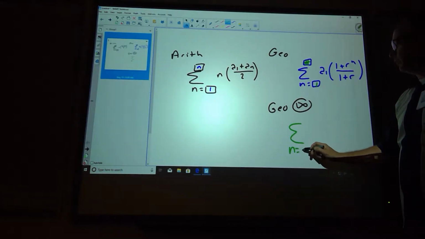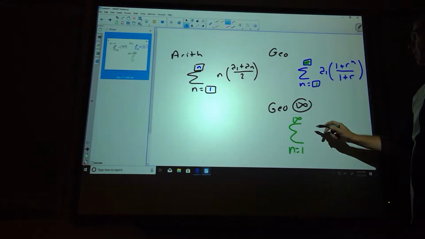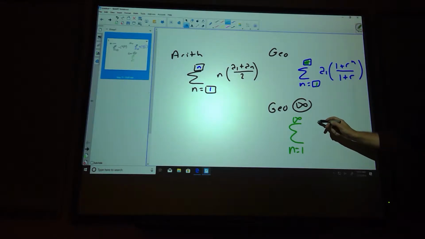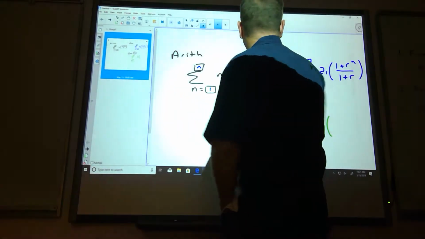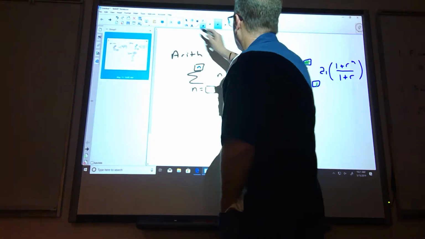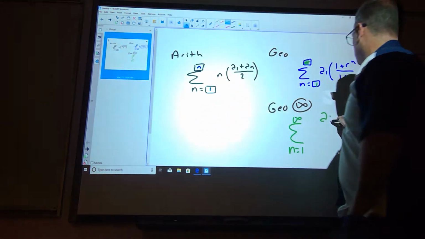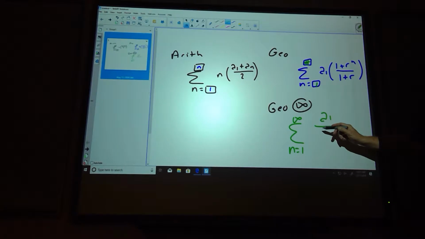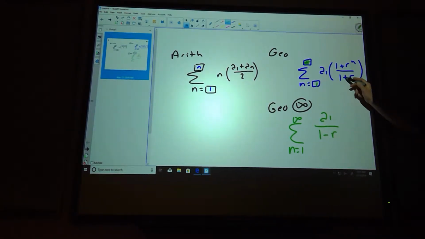N equals usually 1 to infinity is on the top. And then we had A1. And then what was it? Over. Oh, it's over? Okay. A1 over 1 over R or something like that? 1 minus R? Were those both plus there?